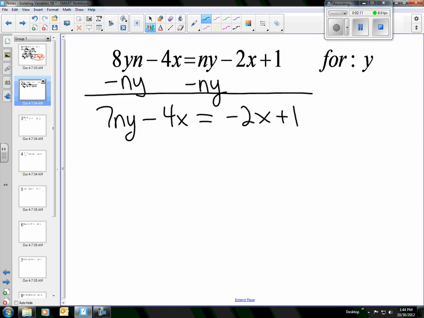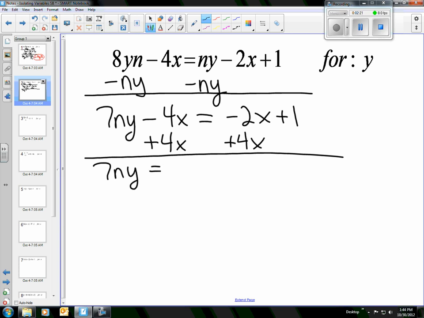And then I'm going to get rid of the negative 4x on the left side by adding 4x to both sides. And this would be 7ny equals 2x plus 1. And now, to get the y by itself, I can not only divide by 7 here, but I can also divide by n.